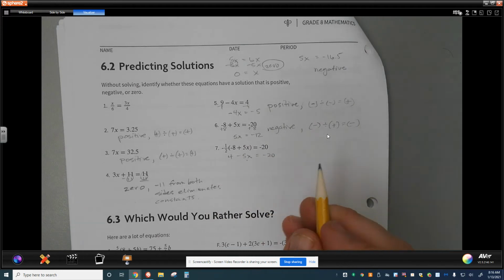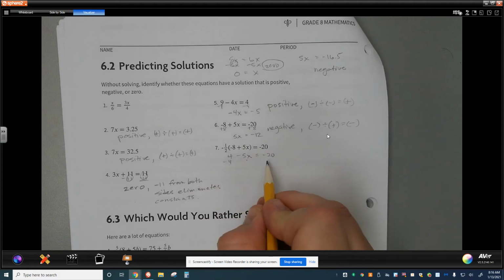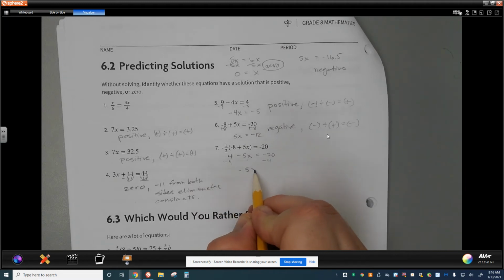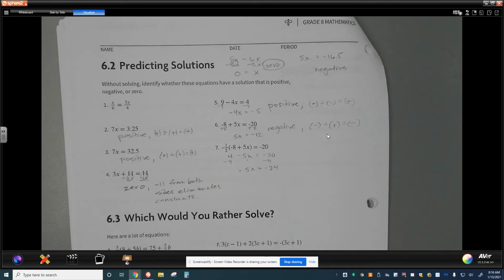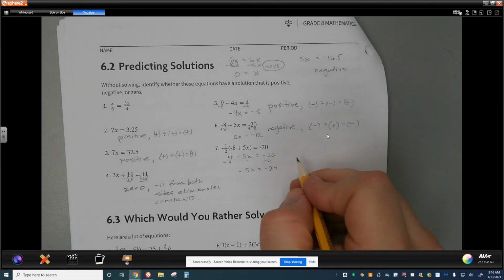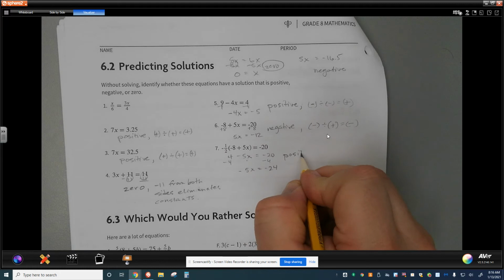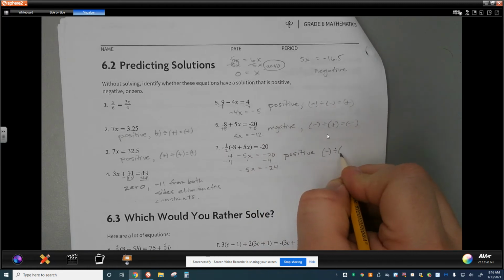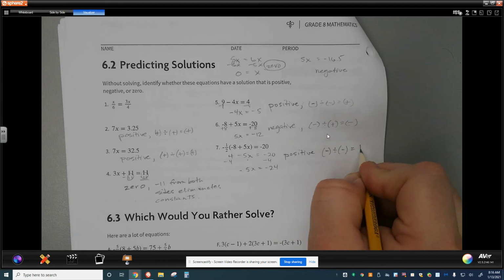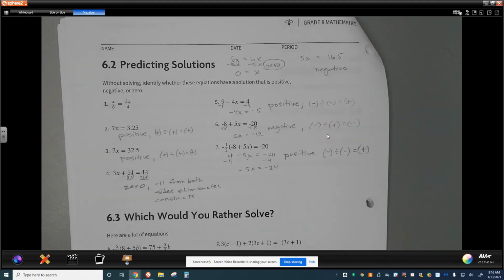And then from there, when I subtract that 4, I'm left with a negative constant and a negative coefficient. And as we saw earlier, that one must be positive because it's a negative divided by a negative, which equals a positive at the very end.